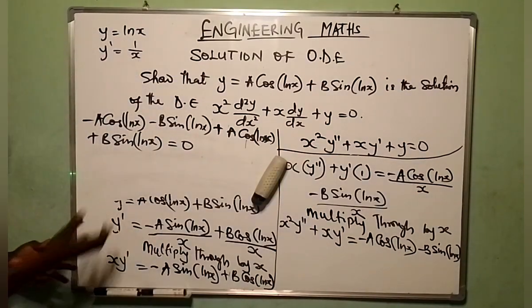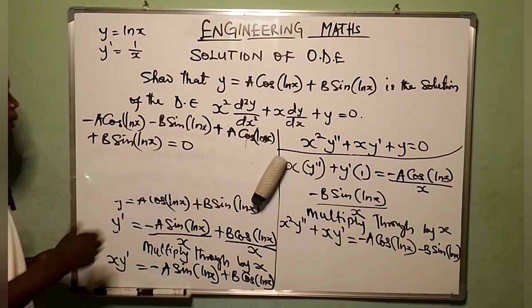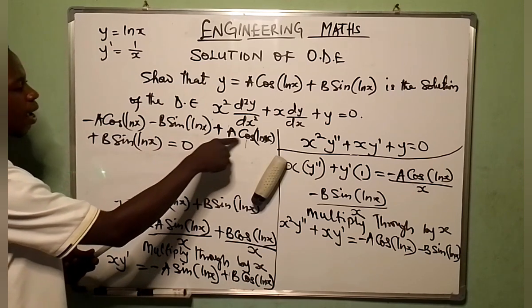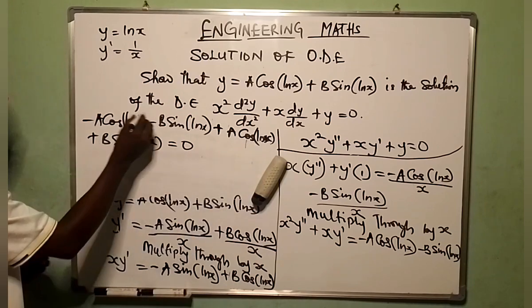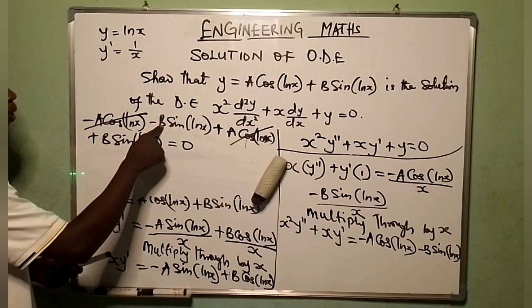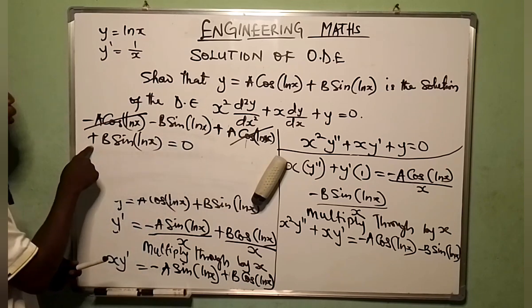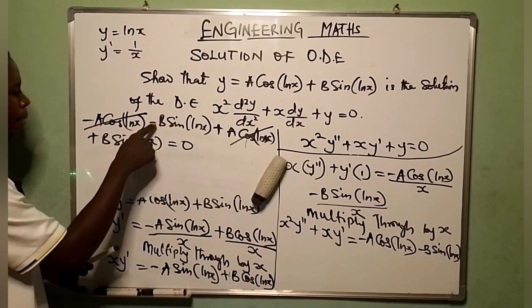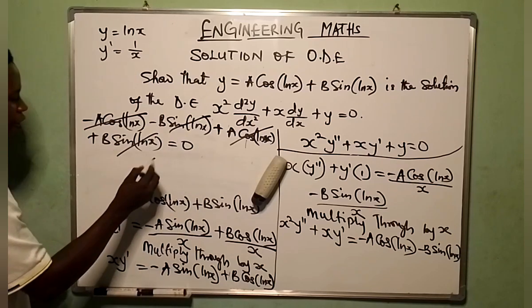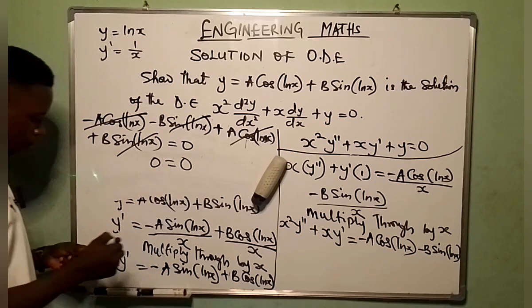Now let's see if this will be equated to 0. Now we have minus a cos ln x, and then we have here plus a cos ln x. Automatically they will turn to 0. Now we have here minus b sin ln x, and we have here plus b sin ln x. Minus plus, they will automatically turn to 0. Therefore 0 is equal to 0.